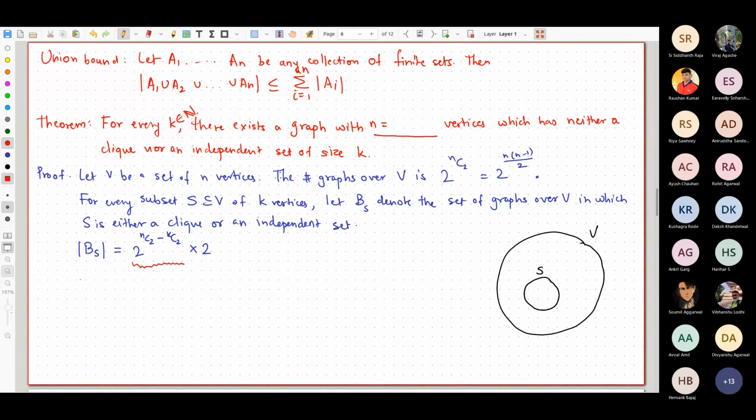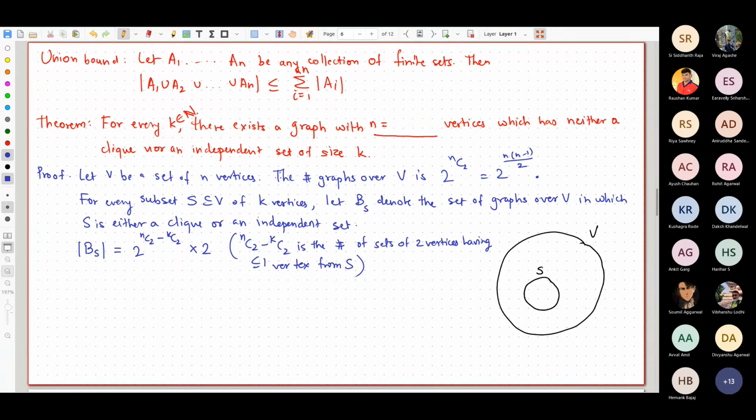So n choose 2 minus k choose 2 is the number of sets of 2 vertices having at most one vertex from S. And for all such pairs of vertices, or all such subsets of 2 vertices, we have a choice: either make it an edge or don't have it as an edge in our graph.